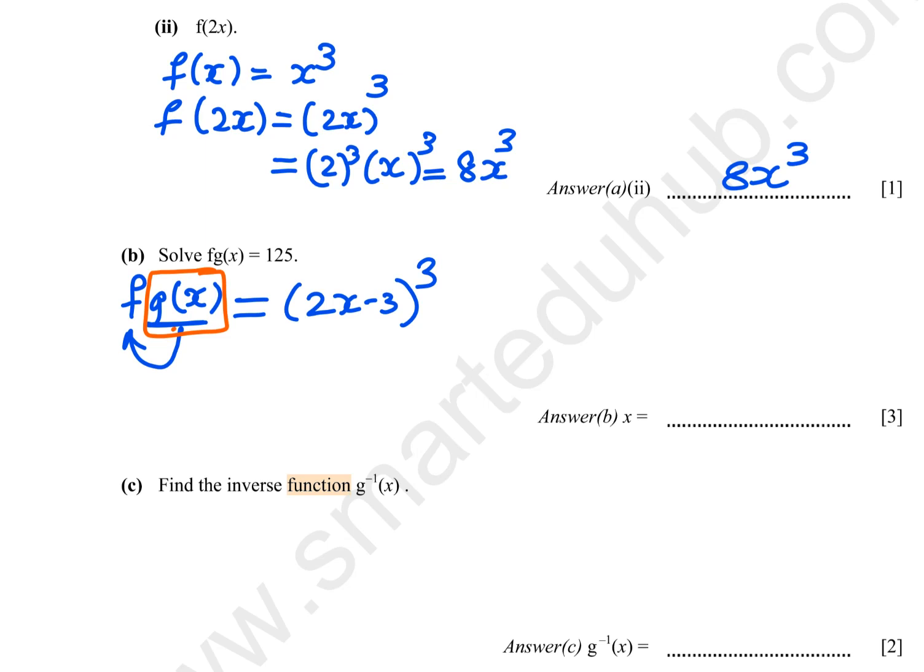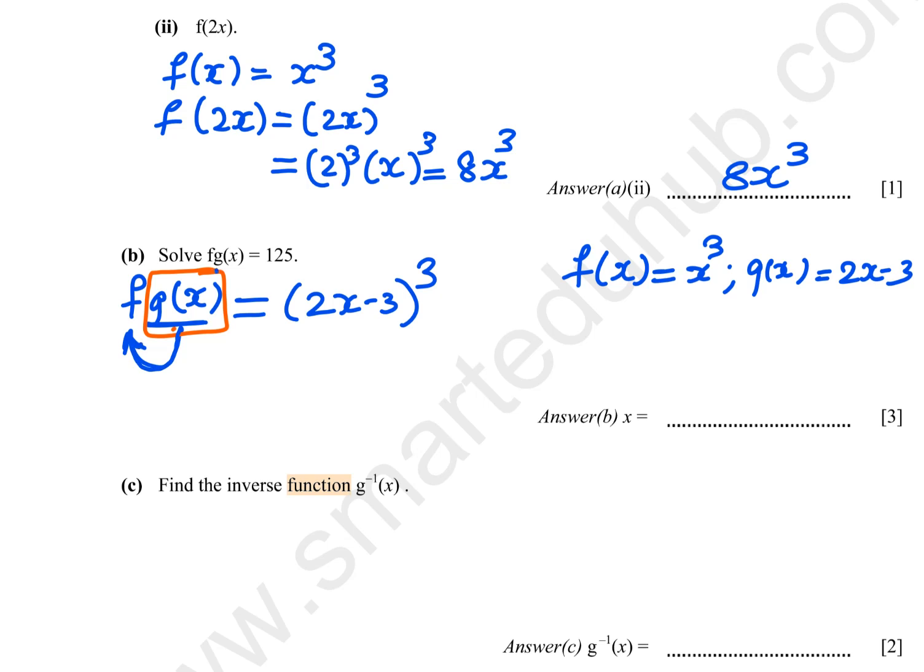Again, I'll tell you, if you want, I can just write it down for you. f(x) was given to you as x cube and g(x) was 2x - 3. So when it has been told to find f of g of x, you have to take this g(x) value and plug it into f.